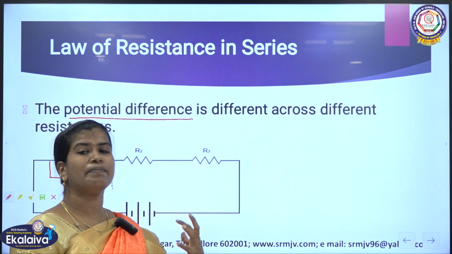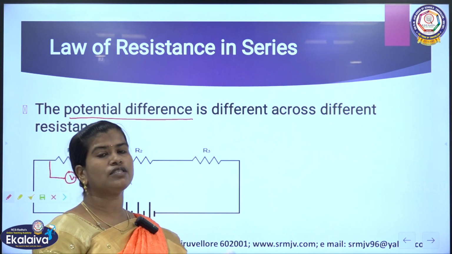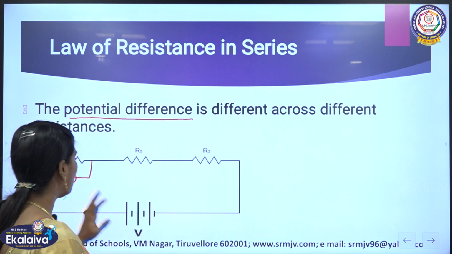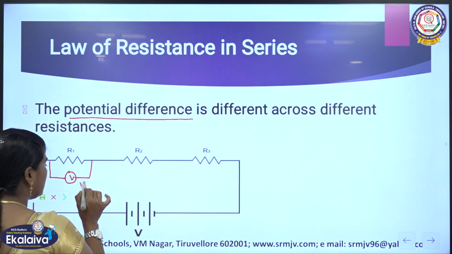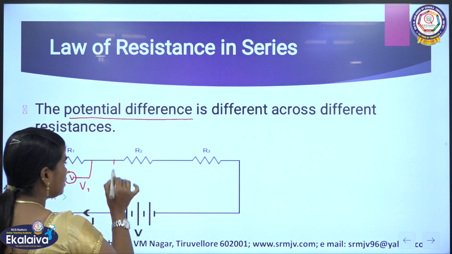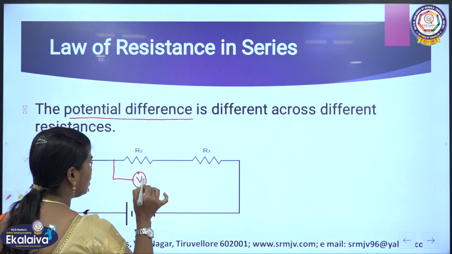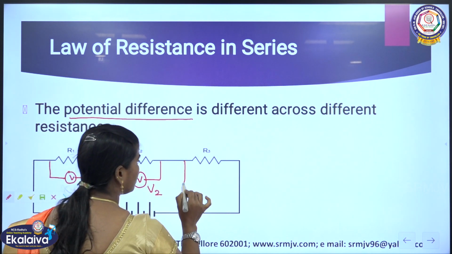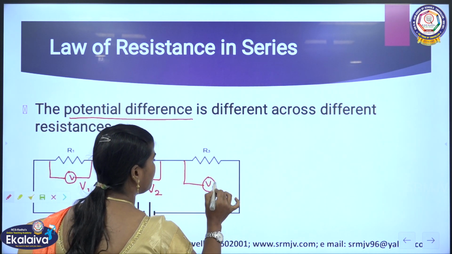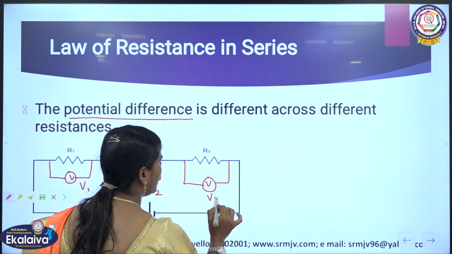Voltmeter is used to measure the potential difference across the ends of the conductor. So, if I connect the voltmeter, let us take the reading as V1, and if I connect the voltmeter here, let the reading be V2, and if I connect it here, let us take it as V3.